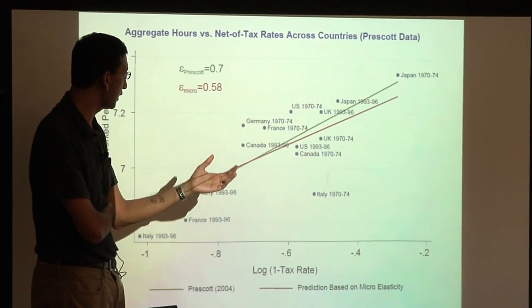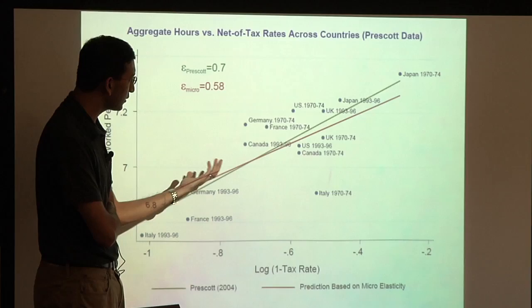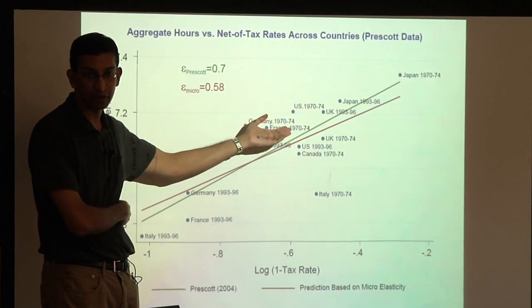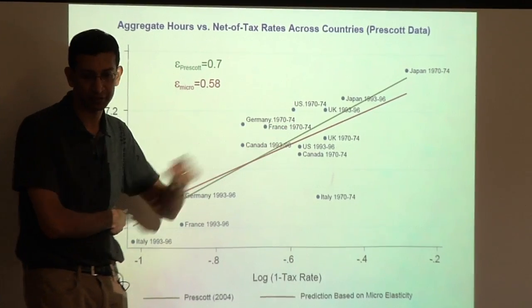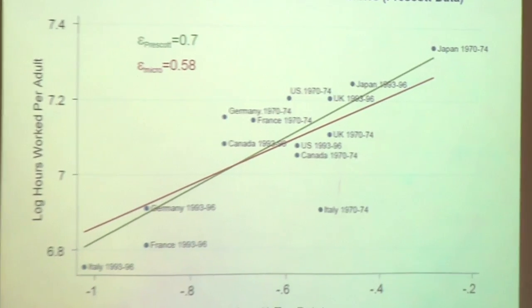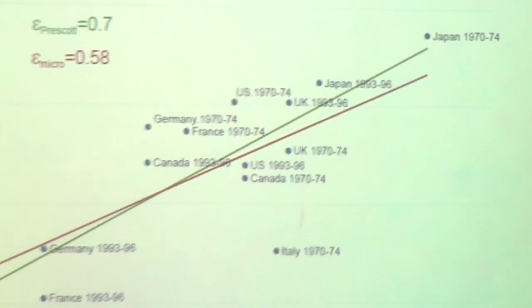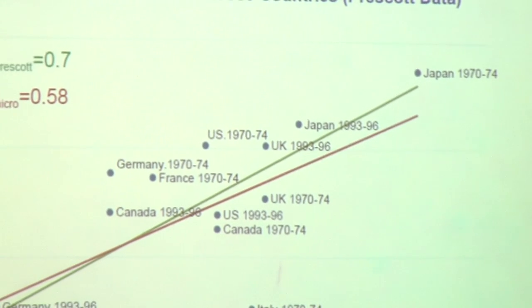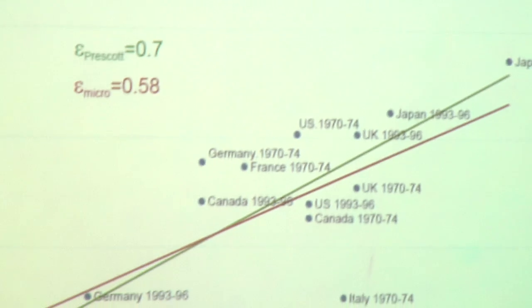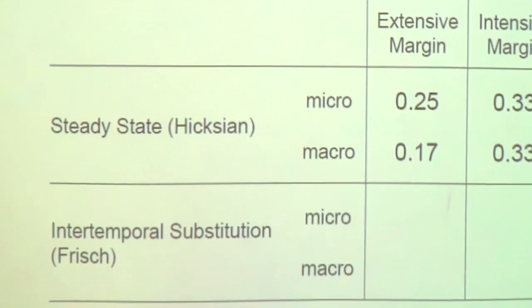So the way I look at this is not that this is the regression you want to run to actually identify the elasticity, because there are lots of differences across these points, but rather that this dispersion of hours of work across these countries is not that puzzling given the micro evidence once you account for these factors.